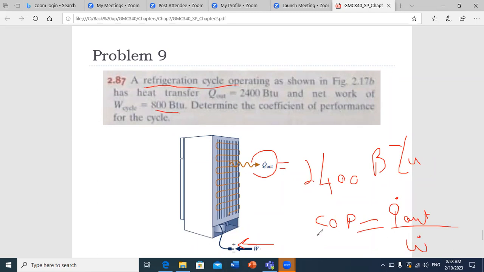Okay, and COP can be larger than 1, not like the efficiency. The efficiency of a power cycle is always smaller than 1, but the coefficient of performance in a refrigeration cycle can be larger than 1. And this is the case here, because here COP of refrigeration is 2,400 over 800. So here we get it equal to 3. The COP is equal to 3.